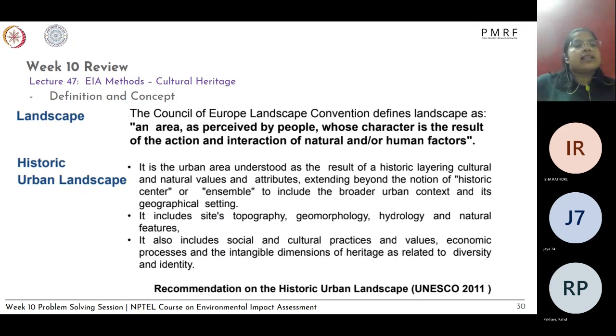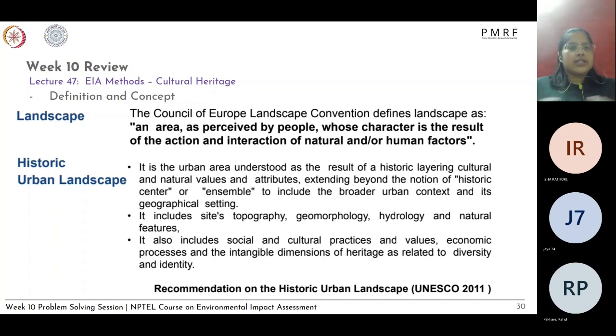So, historic urban landscapes basically include landscape characteristics like topography, geomorphology, hydrology, and natural features. So it includes all of those things as well as the cultural. So you can understand it as overlaying two layers.